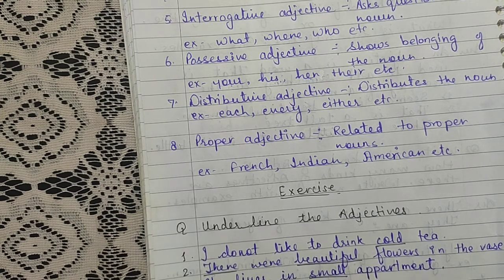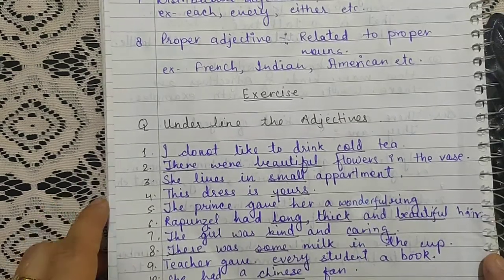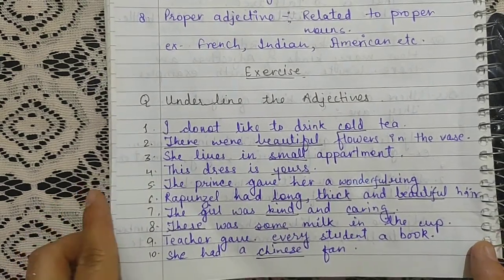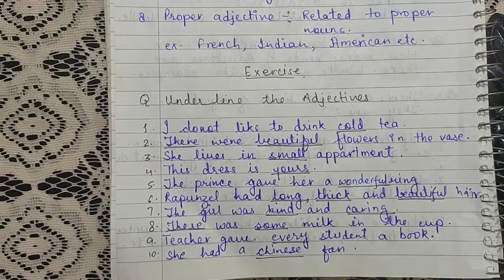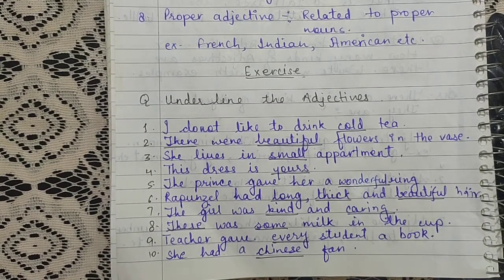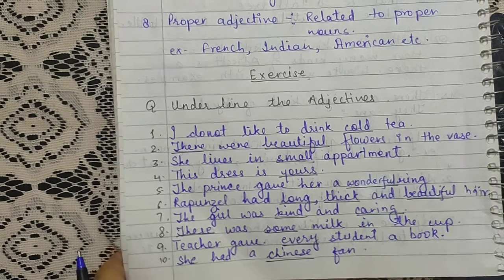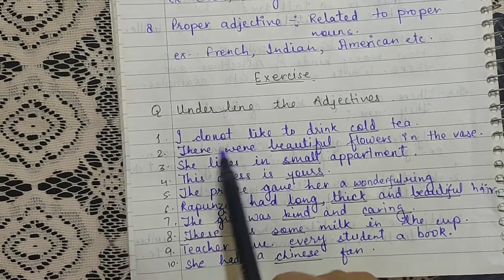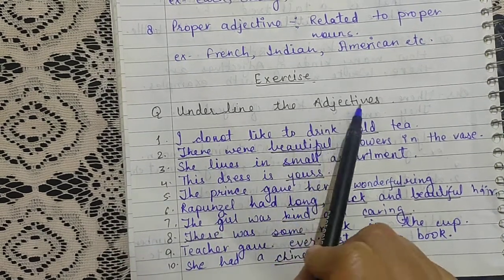better. Now, this is a small exercise you have to do, children. It is not in your books, but if you have books of English language, you can do exercises in your books for your practice if you want to. All right, so it will be good for you. First of all, here I have just underlined the adjectives.